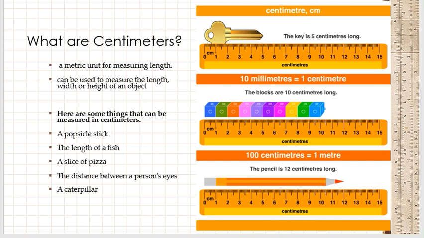You see some images over here: a key, some blocks, a pencil. Now remember that 10 millimeters equal 1 centimeter, and that 100 centimeters equal 1 meter. Those are important numbers to remember.